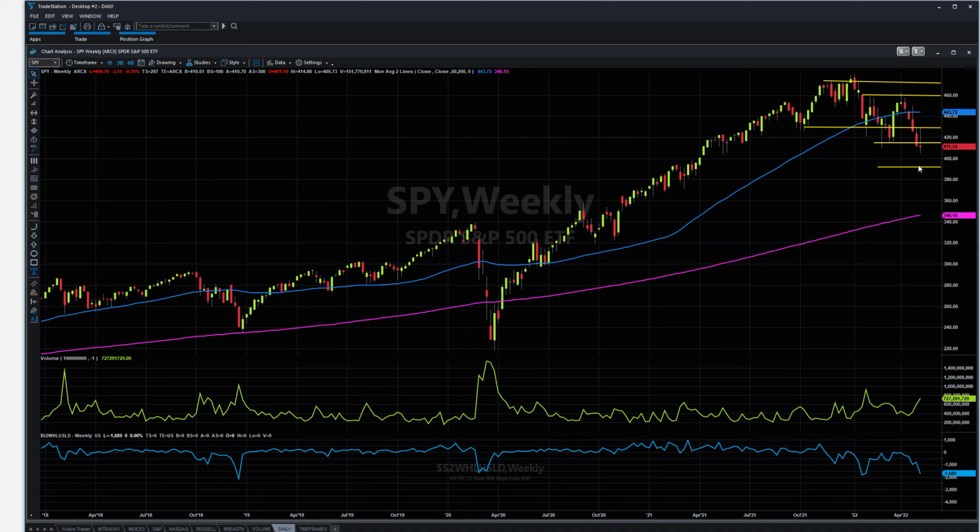On the other hand, if the market is transitioning into a much greater degree time and price counter trend rotation, then it will likely blow through that 385 to 395 area, and we'll likely see significantly lower prices, potentially coming down to the 340 area. And you can see that right through here would be the next level of longer term support.